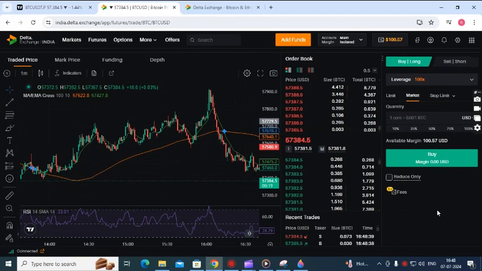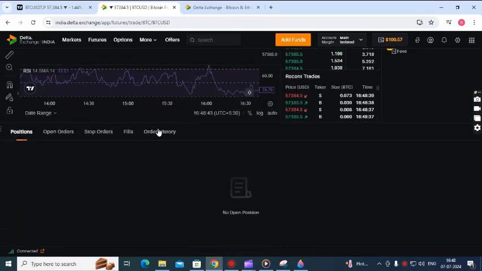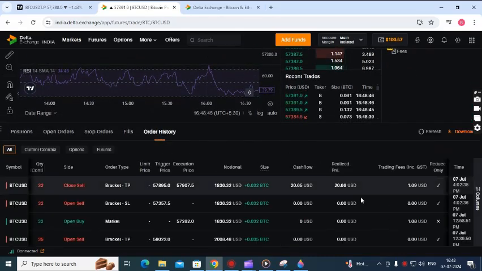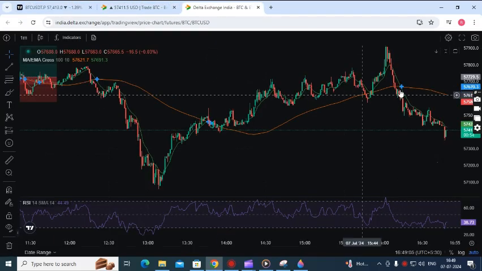I will just show you here order history. This is the recent order. We had a realized profit of $20.66 and trading fees of 1.09. We have set the target of 57,895, but it may be a high when it crossed our target.